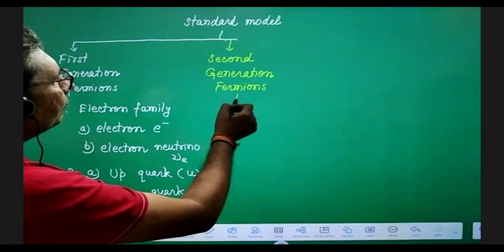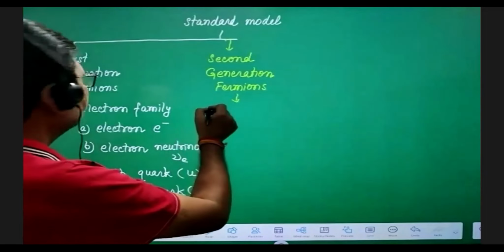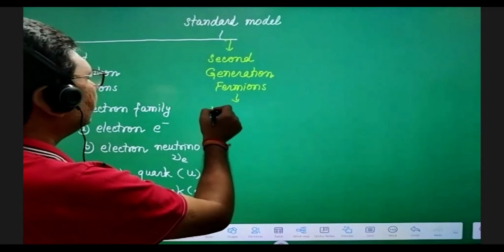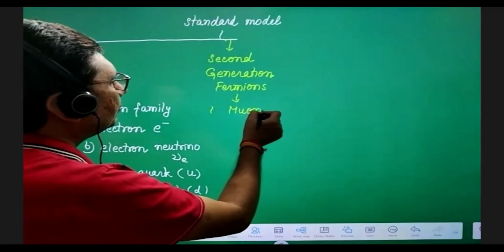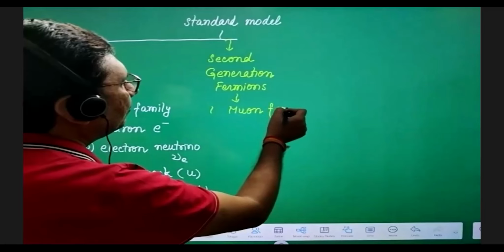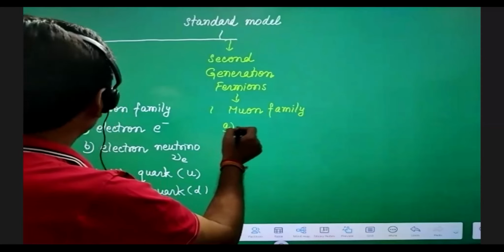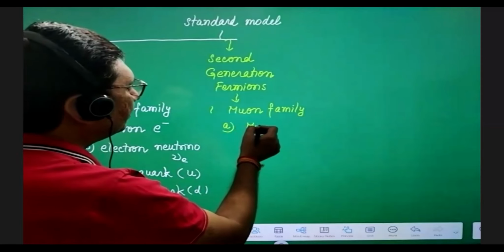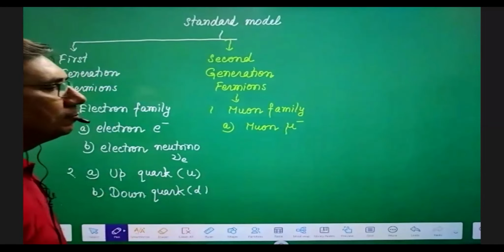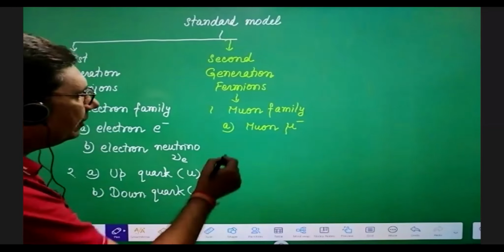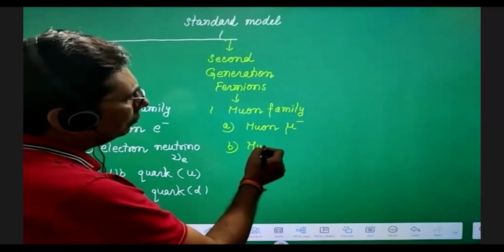Second generation fermions consist of the muon family. Here, you can write muon family. In this family, the muon will be there, mu minus, and next will be mu neutrino.